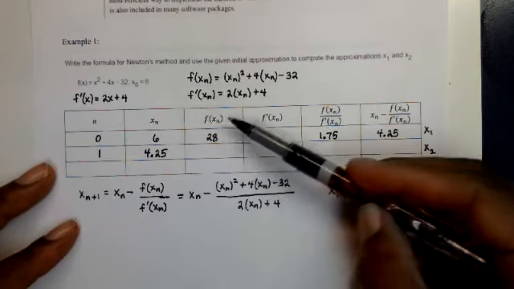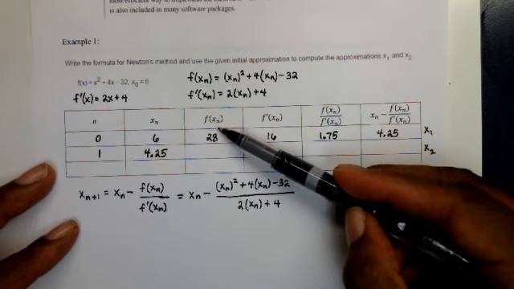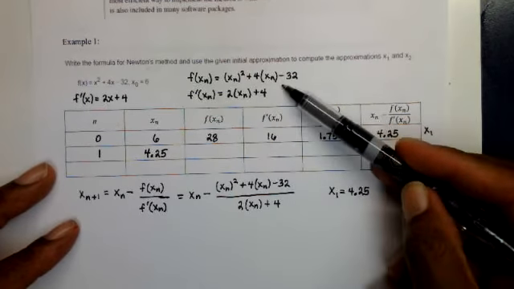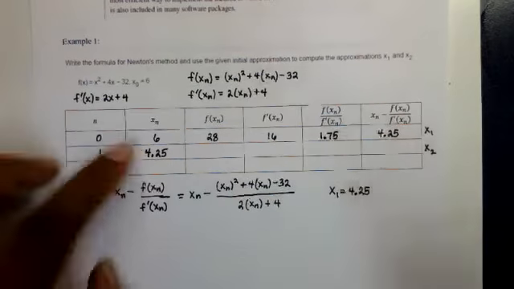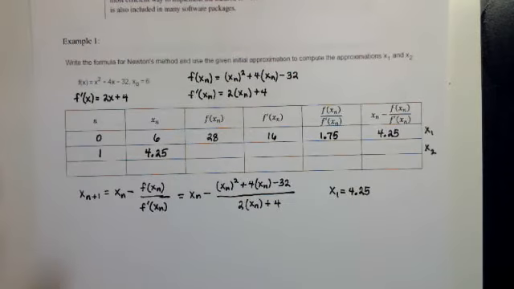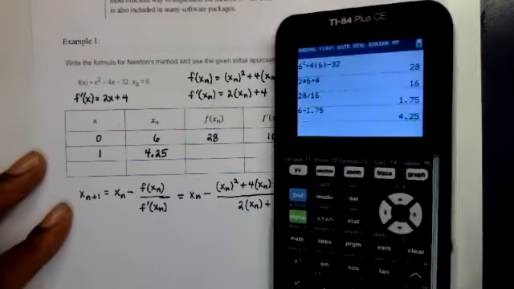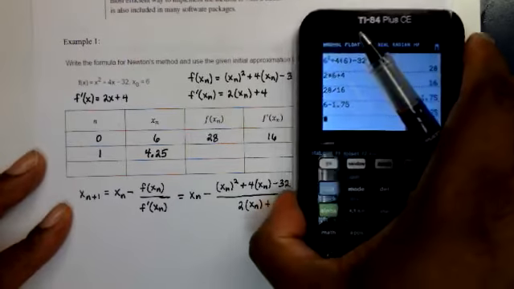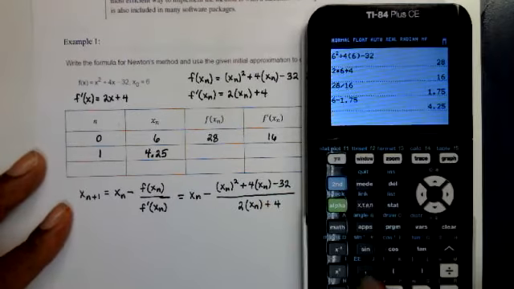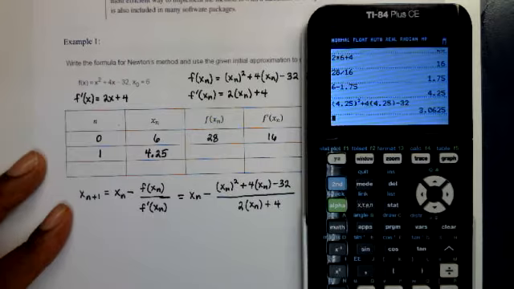And now we're going to evaluate f of x sub n. We're going to substitute x sub n with 4.25 this time. So using the calculator, I'm going to put 4.25 in parentheses and then square it, plus 4 parentheses 4.25 close parentheses minus 32.